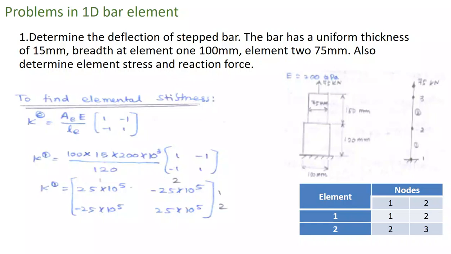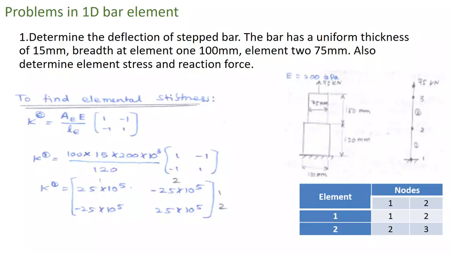For a rectangle, area is breadth into thickness. So the breadth will be 100 mm and the thickness will be 15 mm. Young's modulus will be 200 into 10 to the power 3. L will be 120. So after multiplying and dividing, the final value will be 25 into 10 to the power 5. That value we can apply inside the matrix.